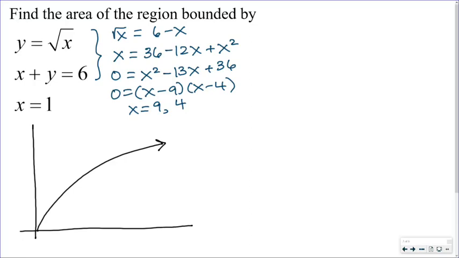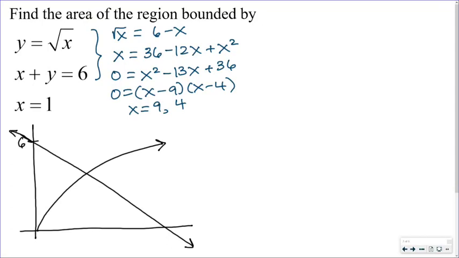Well, you can see that one of these solutions is extraneous because if you think about our graph here, this is x is 6. And so I'm going to draw this line with a slope of 1 and a y-intercept of 6.